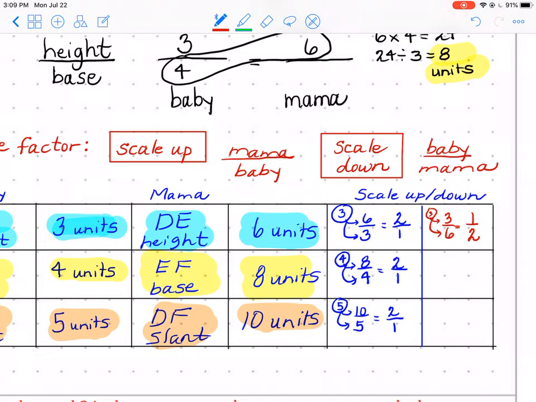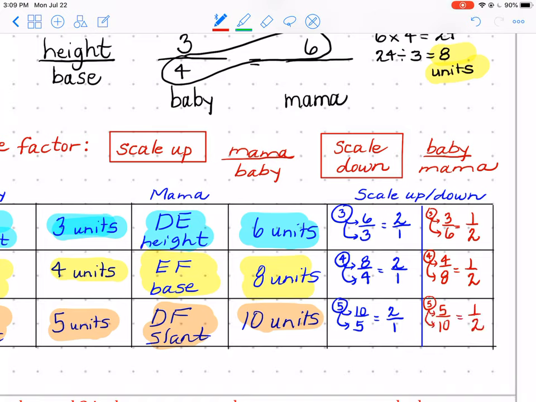Mama's double baby size, or baby is half of Mama's size. Just depends on how you want to word it. So if you scale down based on the yellows, you're going to get a 1 to 2. Again, baby is half of Mama. And then 5 to 10. You scale down. Again, it proves this to be half.